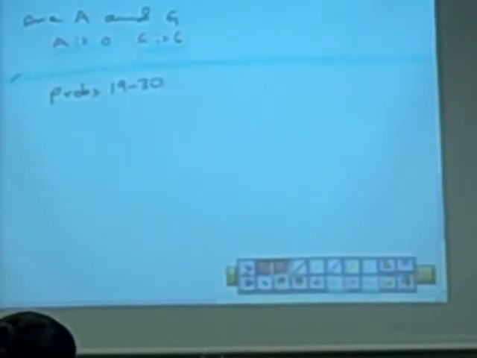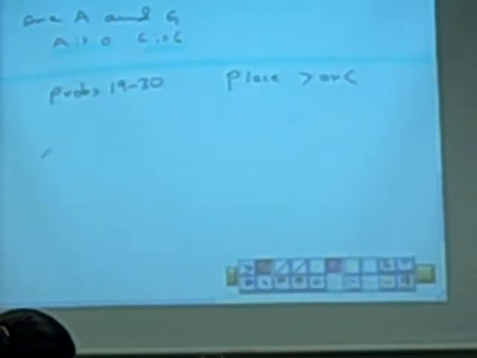Okay, for problems 19 through 30, we want to place the inequality sign, greater than or less than, in between the numbers. So if we have a -3 and a -7. Now here's our number line.